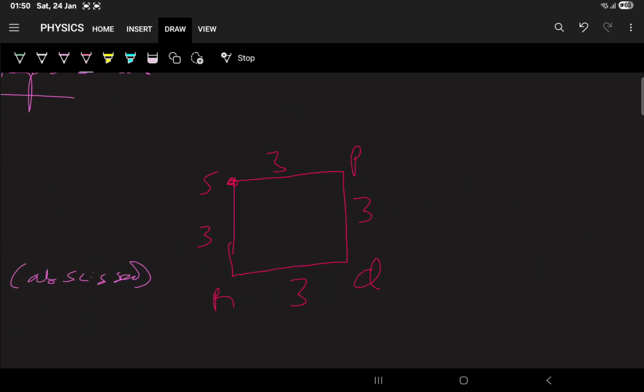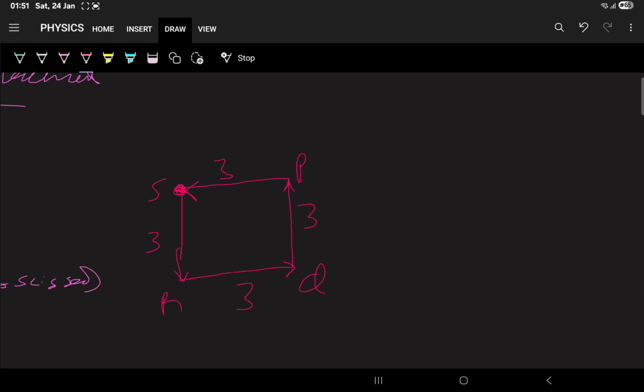Now let's assume our starting point is S, and the motion is such a way it goes from S to R, then R to Q, then Q to P, then back to S again.